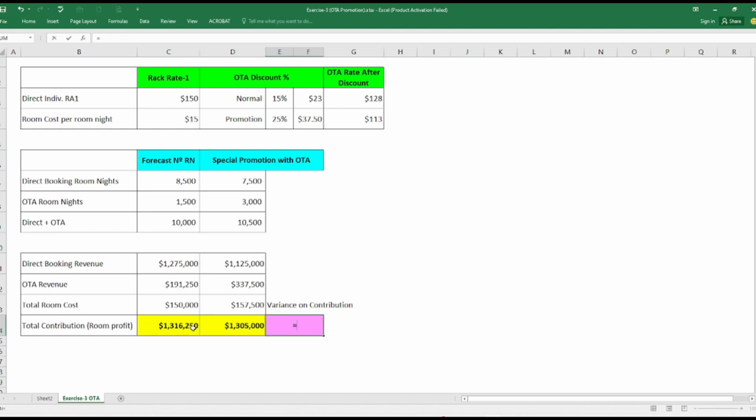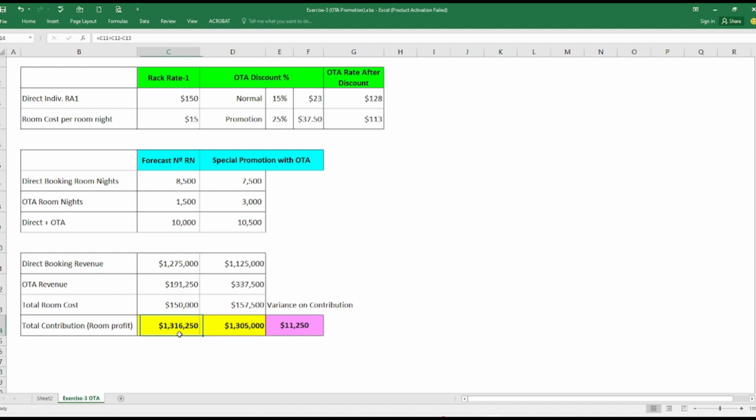The difference is we take our normal forecast scenario minus the special promotion with OTA. So the difference is 11,250.